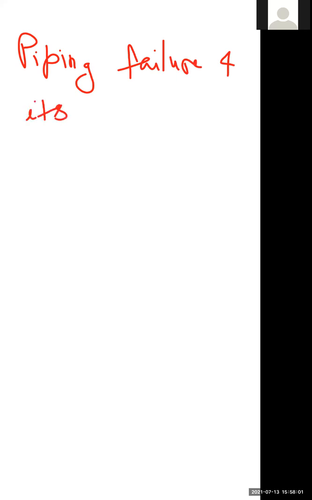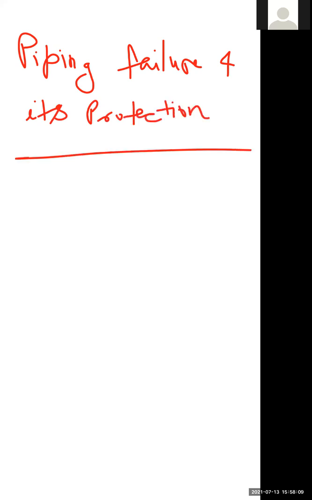Next is the piping failure and its protection. So exit gradient is the governing criterion for the piping failure, as it assumes the maximum value amongst all the hydraulic gradients available in the flow net, because adjacent to the toe, the squares are smallest in size.